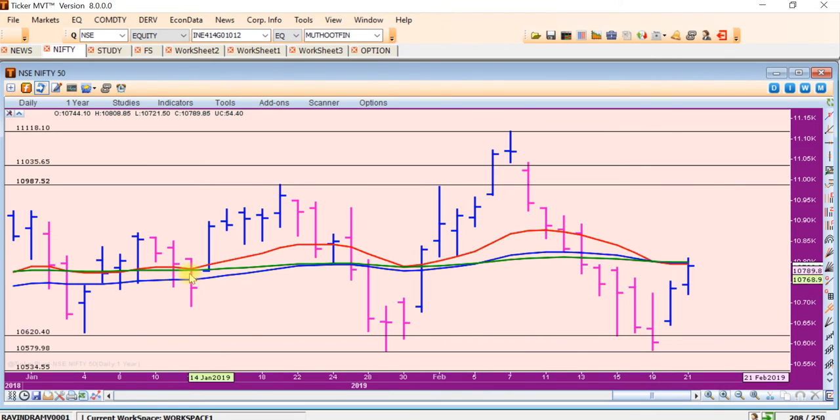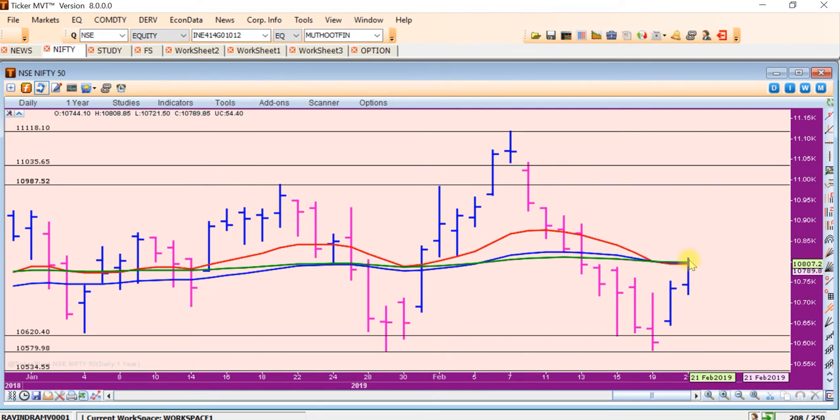The first time it tested as a resistance, but in the past, whenever it had crossed above those levels, it retested them as a support and bounced back to the north. And this is what we were expecting, so I thought penetration can lead to testing this as a support.